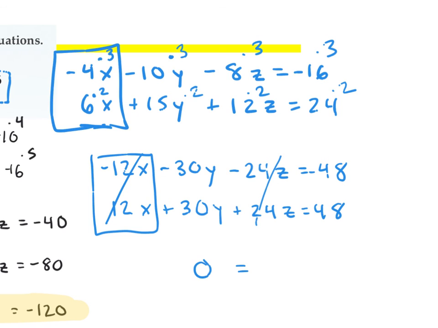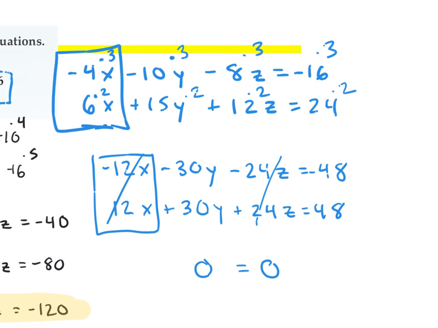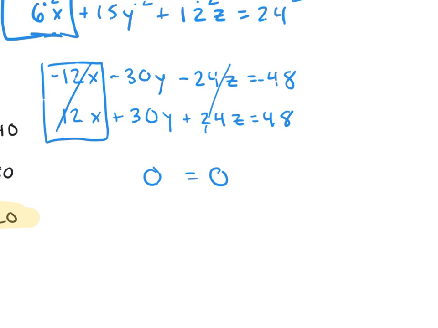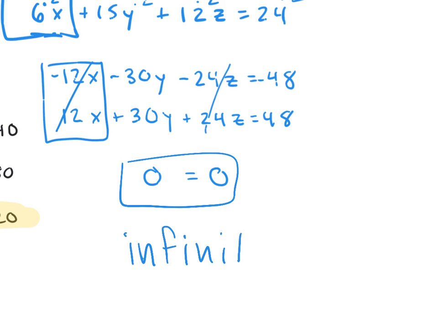So we get 0 is equal to 0. Is 0 equal to 0? Oh, yeah, infinite solutions. So when you get 0 is equal to 0, just like we did in the last section, we get infinite solutions.